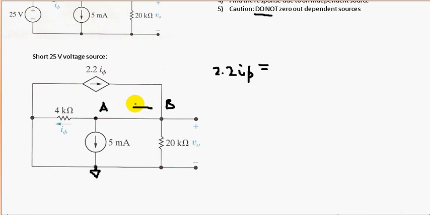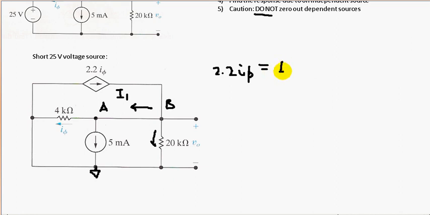We have one current going out, one current going out, and no current going out because this is an open circuit. Let's call this current I1 for now.